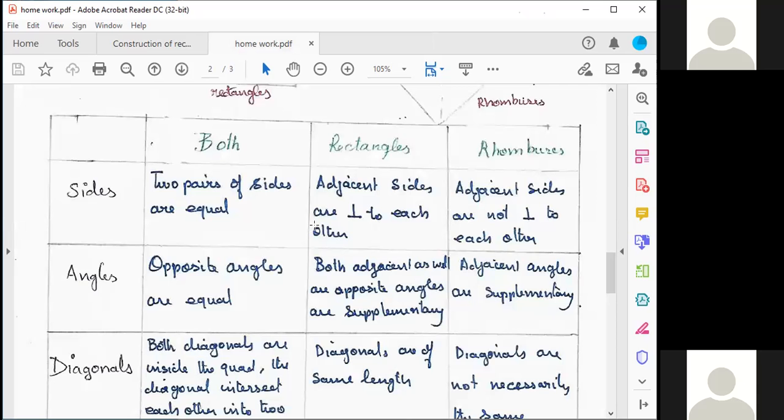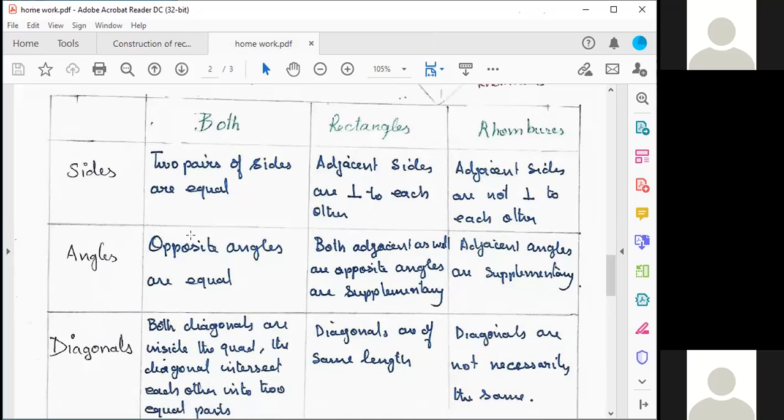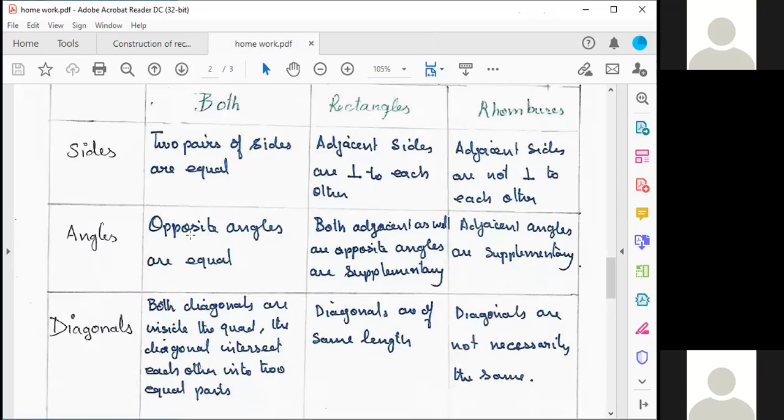Okay. So we have rectangles and rhombuses. Rectangle and rhombus are more interesting. Any guess why? Why are rectangles and rhombuses more interesting?